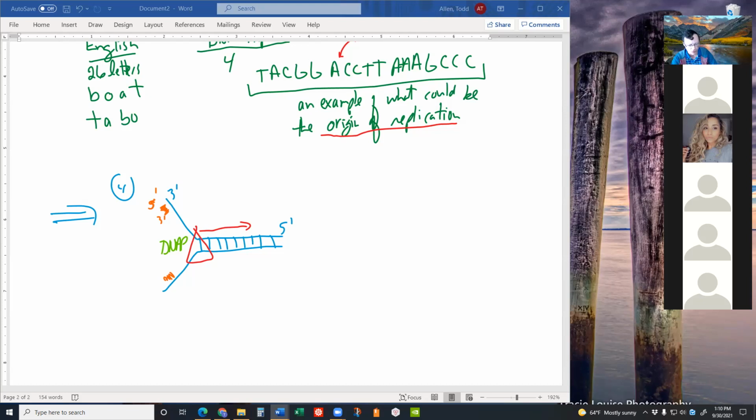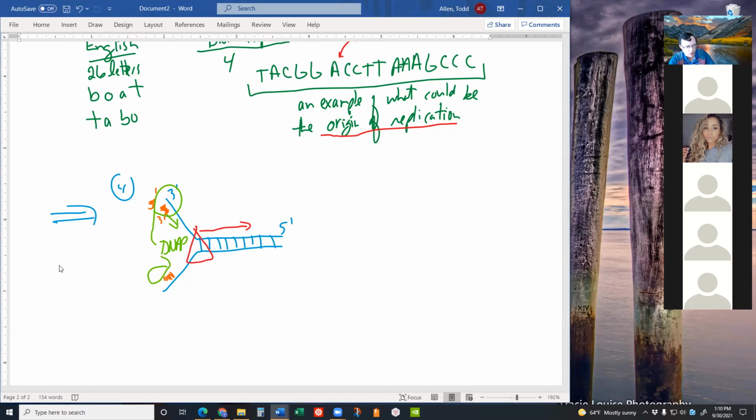One of the arms of DNA polymerase comes up here in this area and starts making new DNA in the same direction as the helicase is moving. And another arm comes down here and does sort of the same thing. You can see how ugly that drawing is because your instructor is a poor artist.